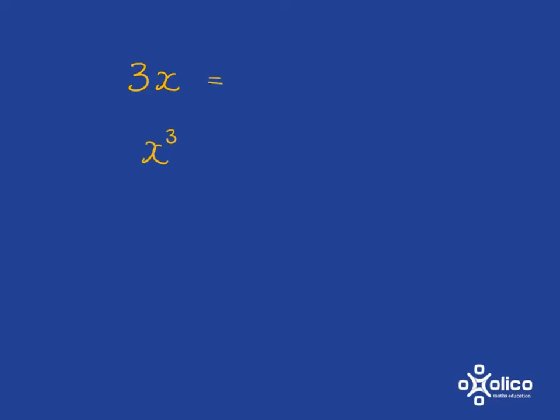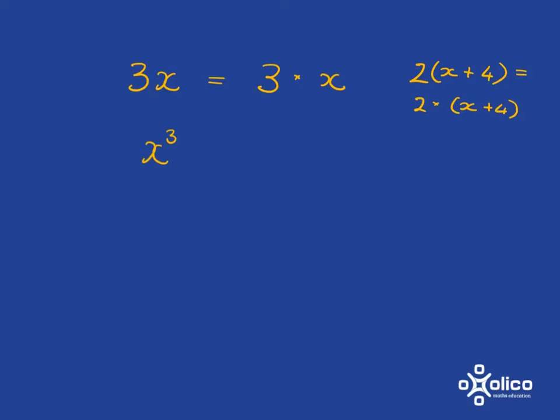What this means is 3 multiplied by x. So in algebra, we very frequently do not write the multiplication sign, and we simply write 3x to stand for 3 times x. You would have a similar thing too if you wrote, for example, 2x plus 4. This means 2 times x plus 4.